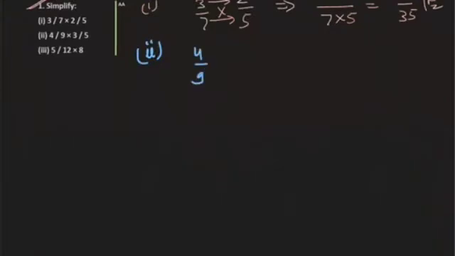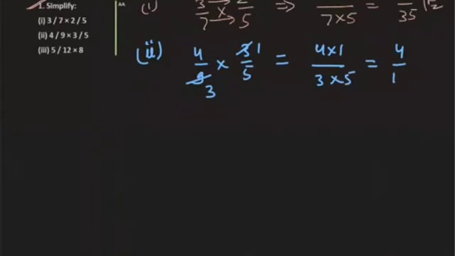Second question, 4 upon 9 into 3 upon 5. Now you can see 3 ones are 3, 3 threes are 9. So this is 4 into 1 upon 3 into 5. So 4 upon 15. This is the answer. Next, 5 upon 12 multiply by 8.